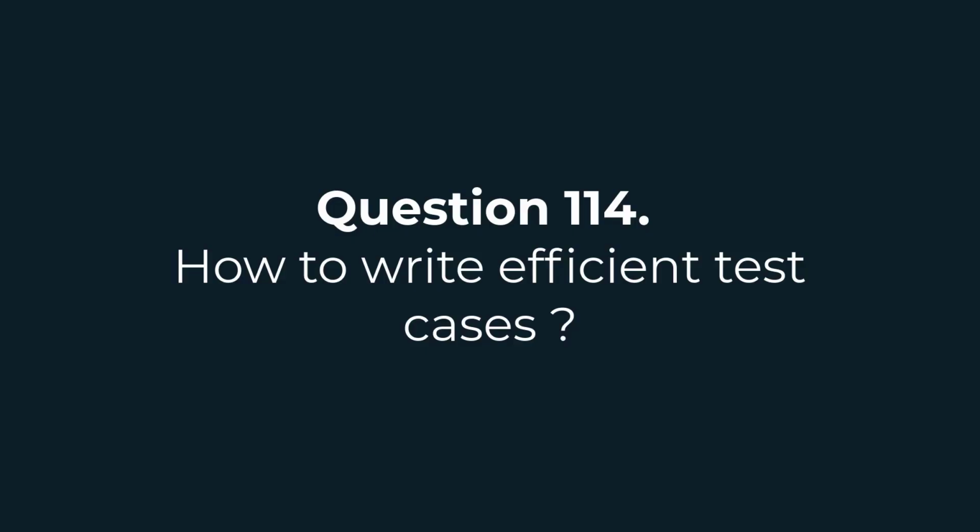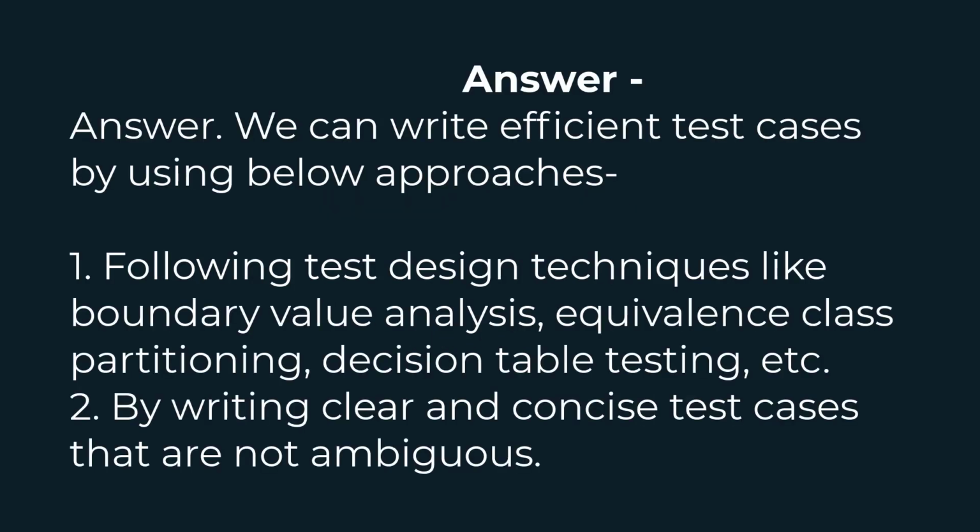Question 114. How to write efficient test cases? Answer. We can write efficient test cases by using below approaches. 1. Following test design techniques like boundary value analysis, equivalence class partitioning, decision table testing, etc. 2. By writing clear and concise test cases that are not ambiguous. 3.